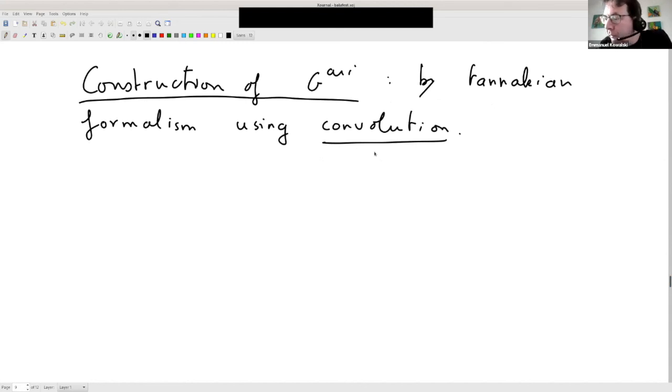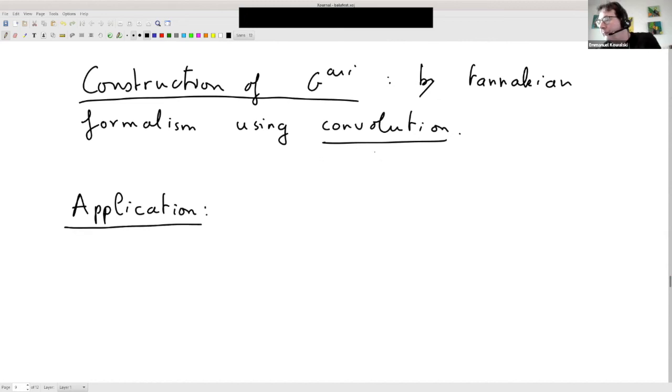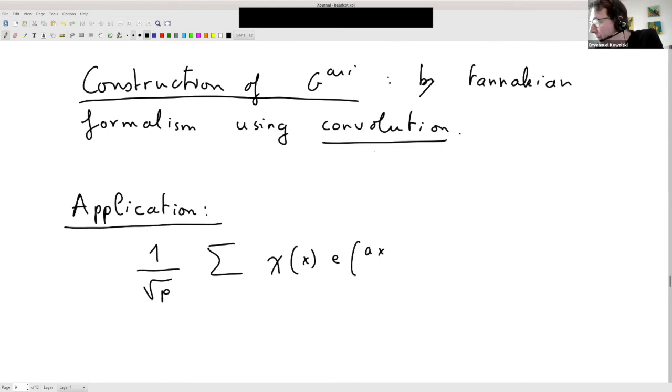Okay, so now let me give an application, and let's go back to the Sidon sets. So we are going to look at the following thing. So we're looking at these fairly simple families parameterized by an additive and a multiplicative character. So I write them this way. So T is the trace function that gives us what we want.